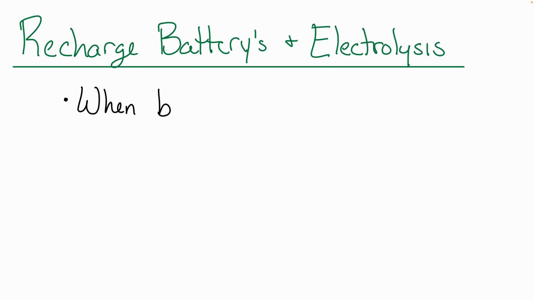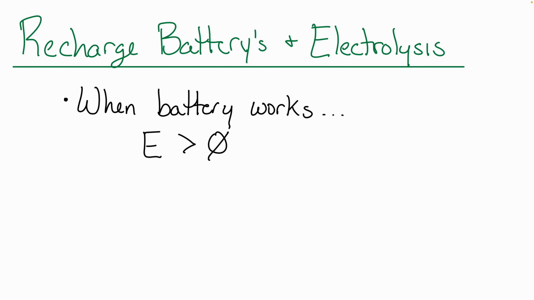All right, so when a battery works, what you're saying is that the potential of that battery is greater than 0, meaning the reaction runs spontaneously in that forward direction.